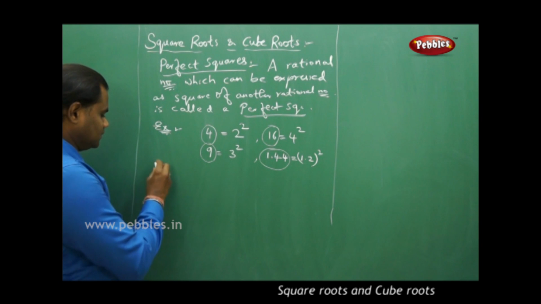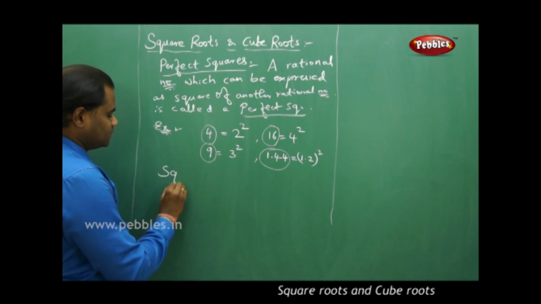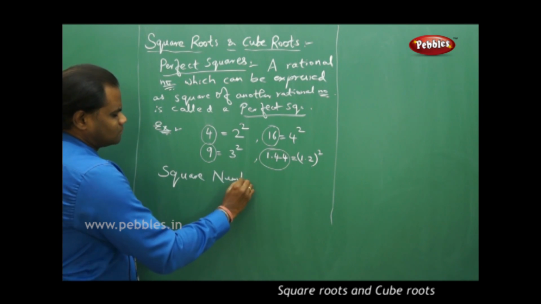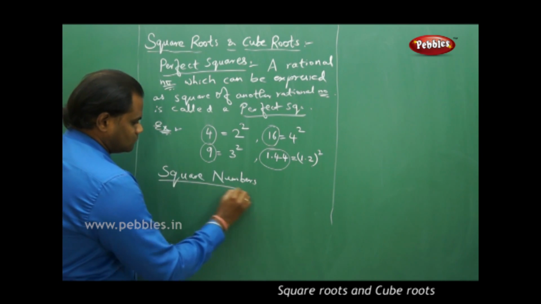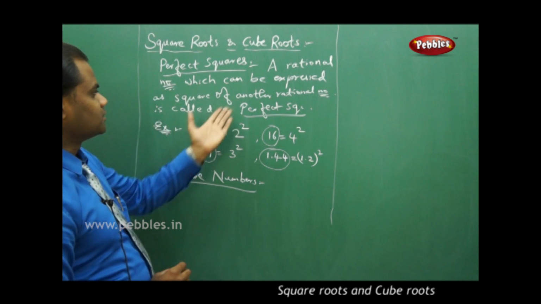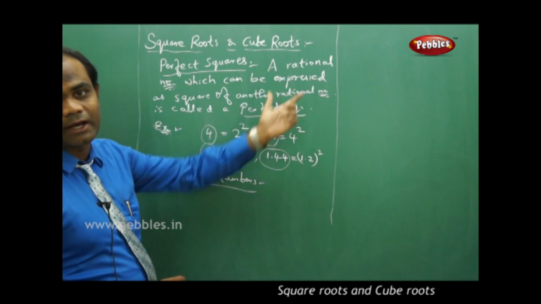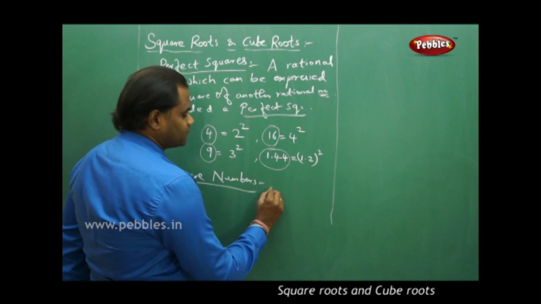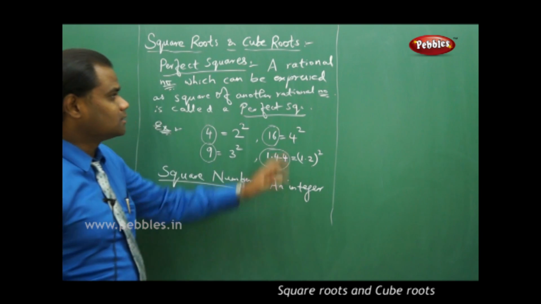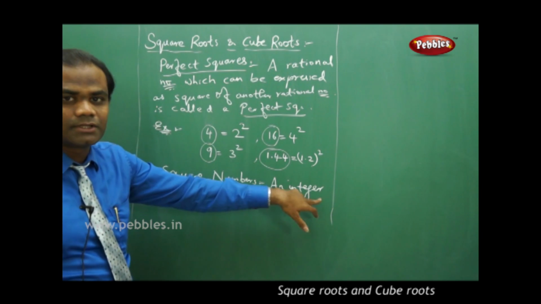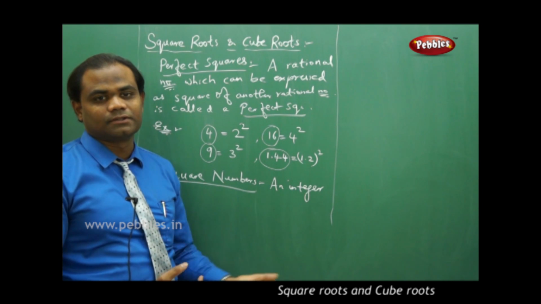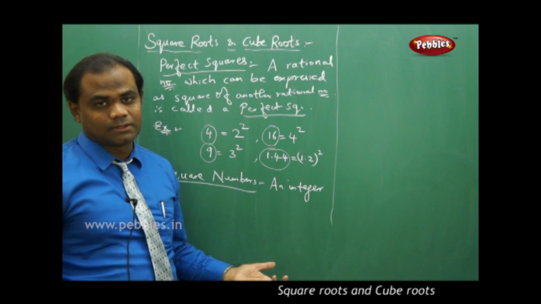Next, the definition of square numbers. Square numbers are defined with the same definition, but instead of rational, I have an integer. In the previous case it was a rational number, but here it is an integer. We have discussed integers and rational numbers in the previous session when we were discussing the number system.